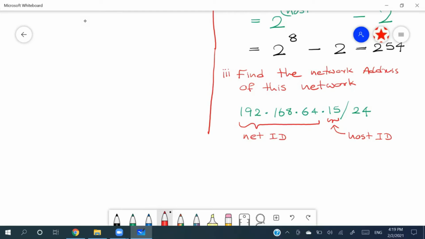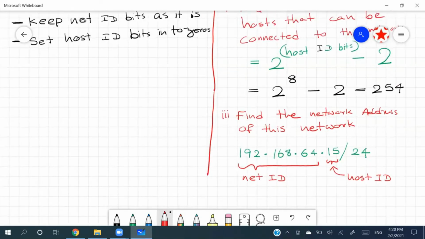And again, 168 representing some binary pattern. And we are asked to keep it as it is because it is inside the net ID. And again, 64 will be represented in some binary pattern. And again, we are asked to keep it as it is because the concept of generating the network address is keeping the net ID bits as it is and changing the host ID bits into zeros, right?